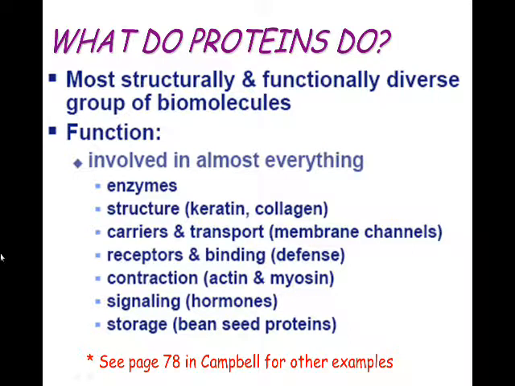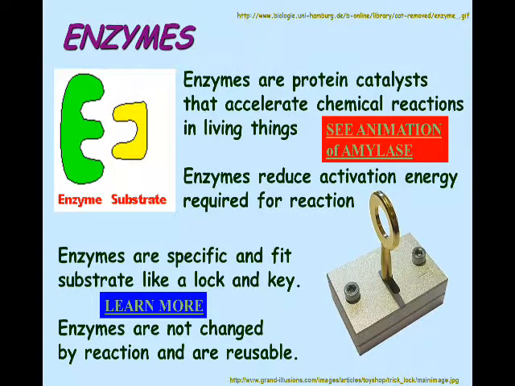If you look on page 78 in your Campbell book, you will see a whole slew of different things that proteins do for you. We're going to look a little closer at one function of proteins, which is to act as enzymes in cells. Enzymes are protein catalysts. Remember, catalysts speed up chemical reactions. So enzymes are catalysts in living systems that help chemical reactions.